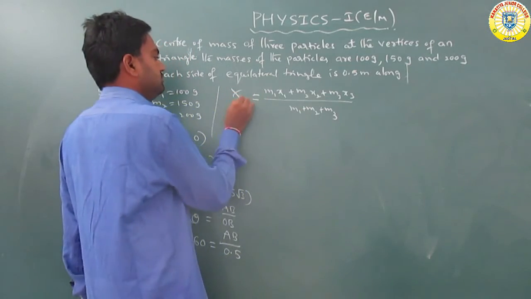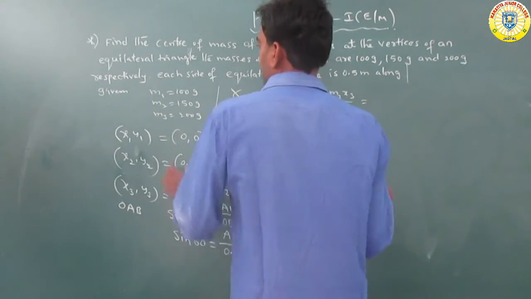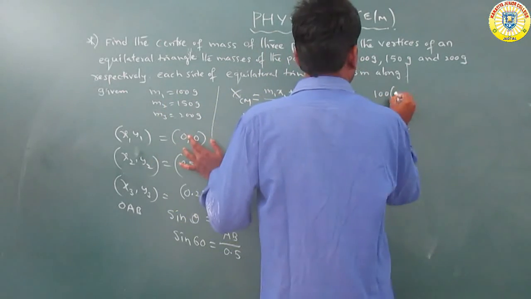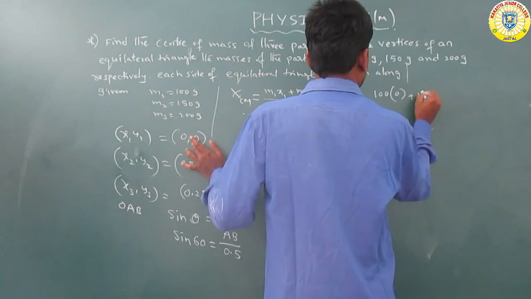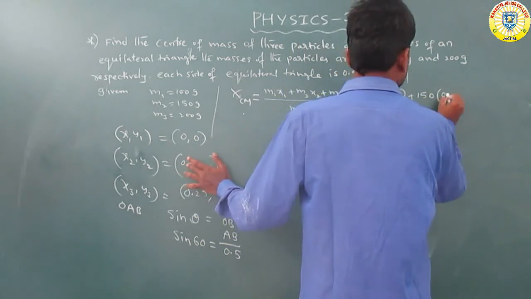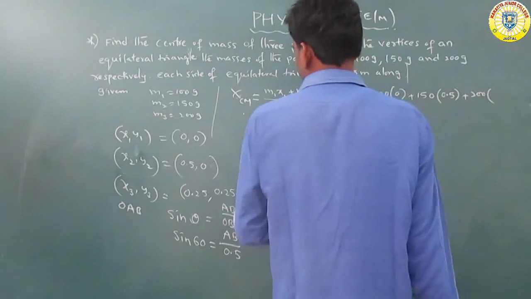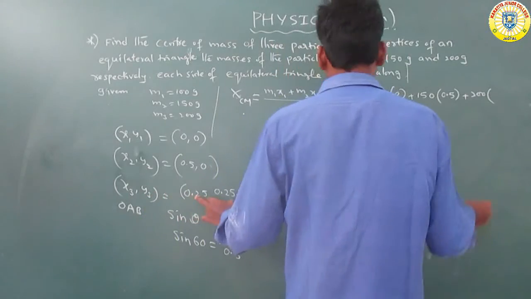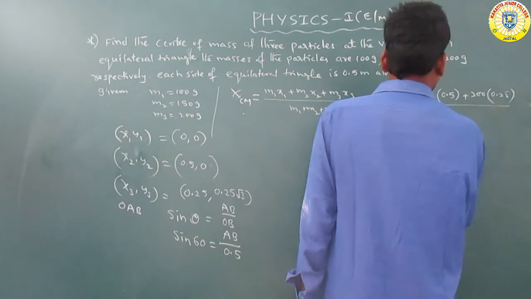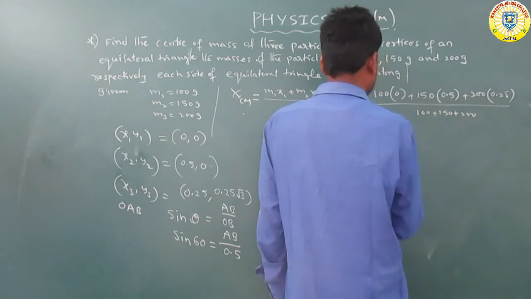Here m1 is 100 grams, x1 is 0, plus m2 is 150 grams, x2 is 0.5, plus m3 is 200, x3 is 0.25, by 100 plus 150 plus 200.